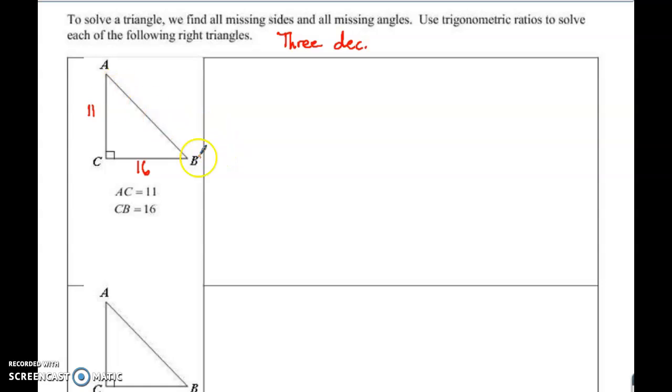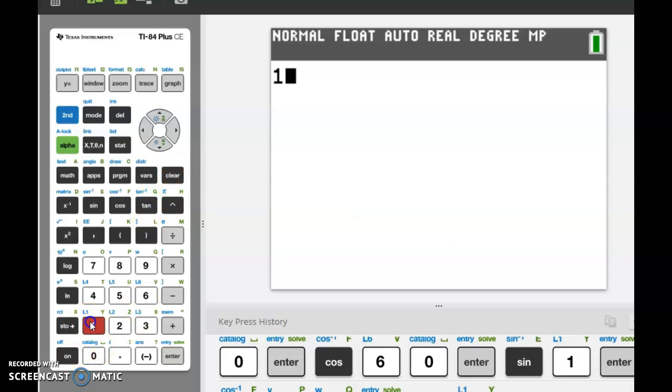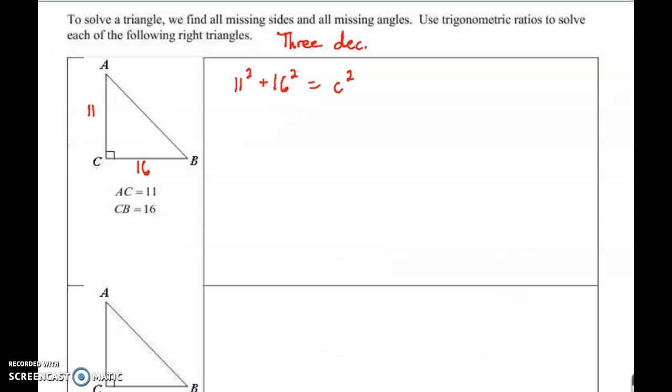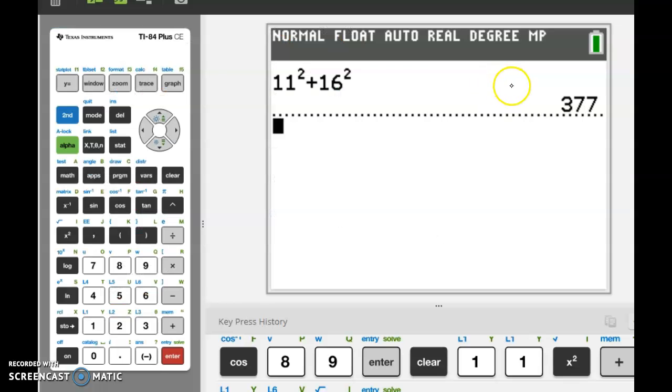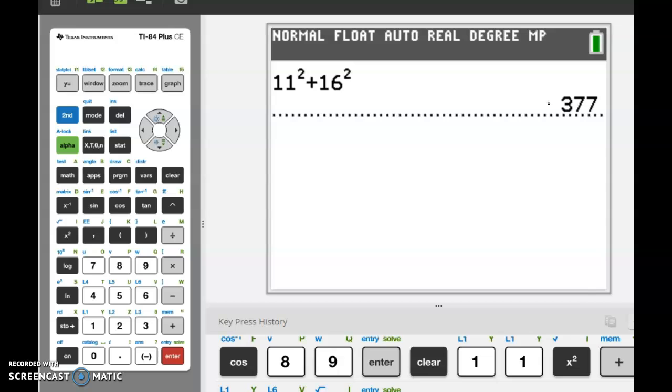First thing I would do, in my opinion, is the Pythagorean theorem to figure out AB. That would be 11 squared plus 16 squared is equal to the hypotenuse squared, C squared. And then from here, I would just use a calculator. And you can leave your answer as, by the way, side length AB is equal to the square root of 377, because remember that number I gave you is C squared, so you have to square root it.